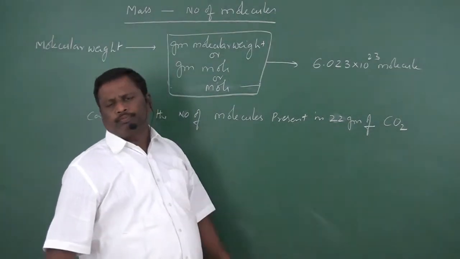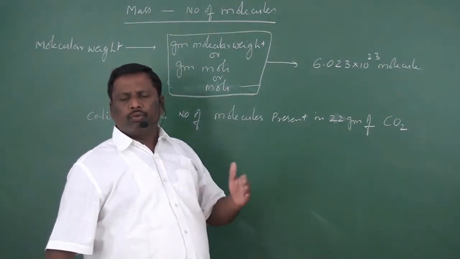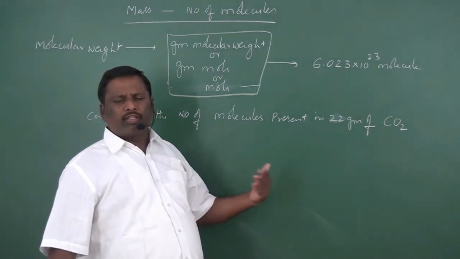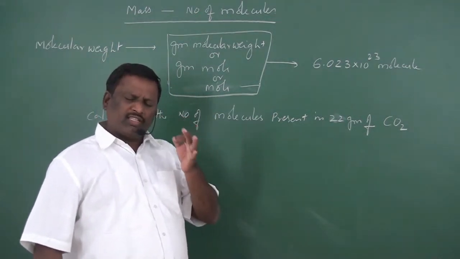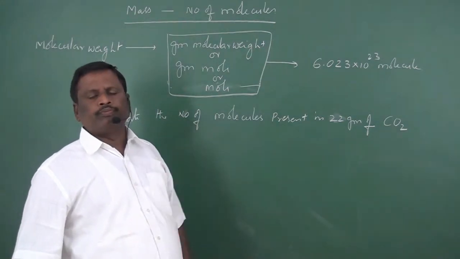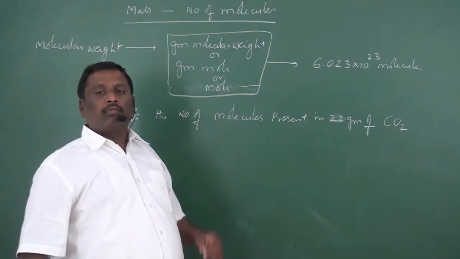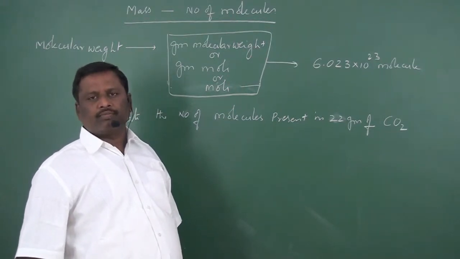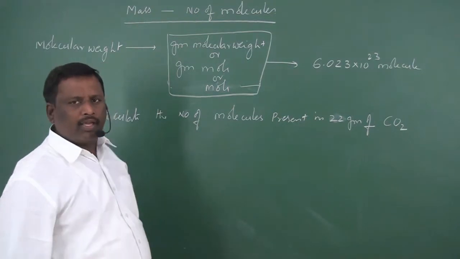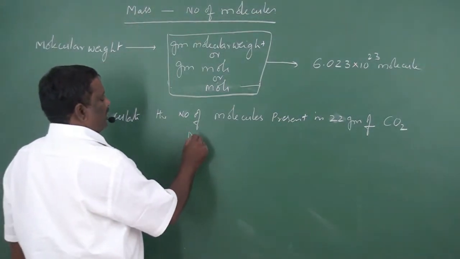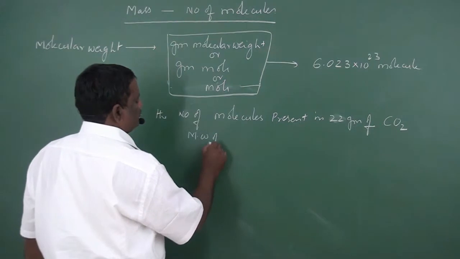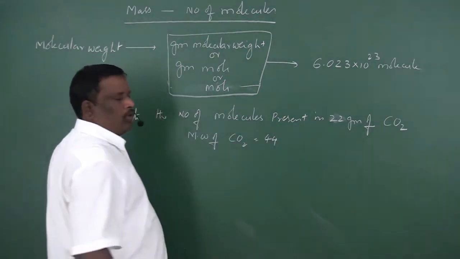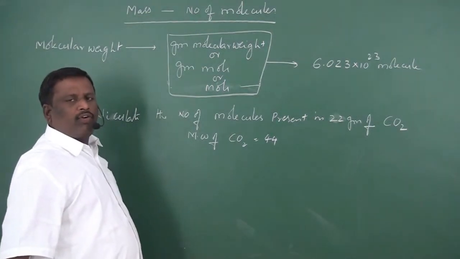In any problem related to molecular weights, number of molecules or volume, whatever they are asking, the first thing you have to know is the molecular weight of the substance. What is the molecular weight of the given substance? The given substance is carbon dioxide. So molecular weight of carbon dioxide is equal to 44.